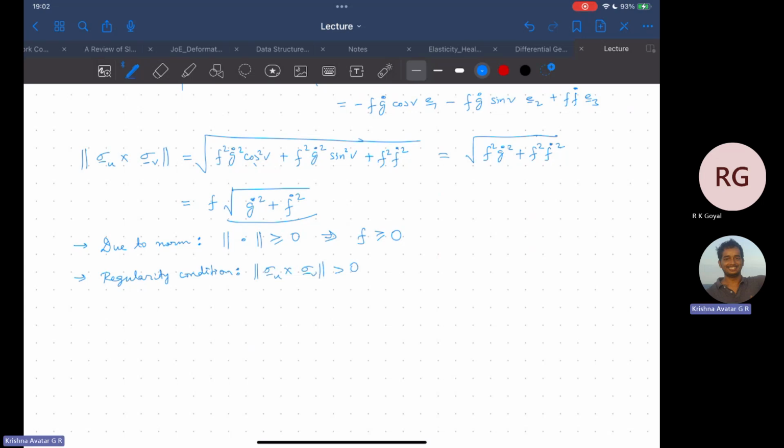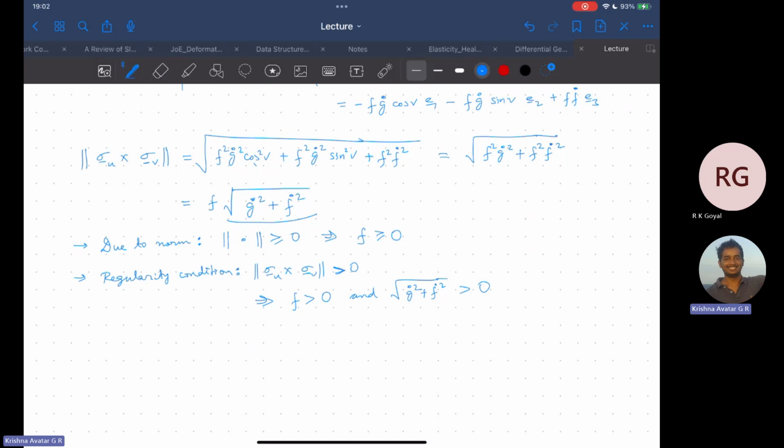Of course, we are not allowed to have the cross product be a zero vector, and since the norm is always going to be greater than 0, this will always be greater than 0, right? Because of which this implies that f has to be greater than 0, and the square root part, g dot squared plus f dot squared, also has to be greater than 0.